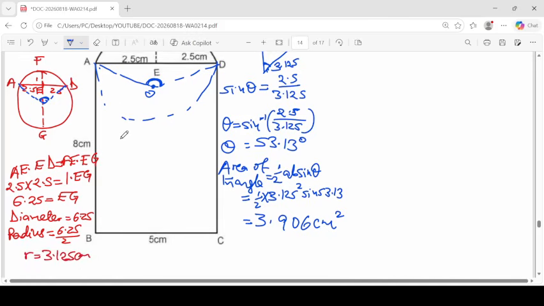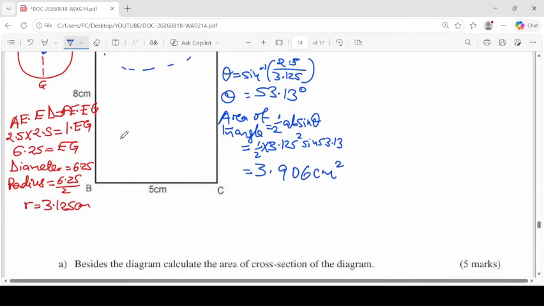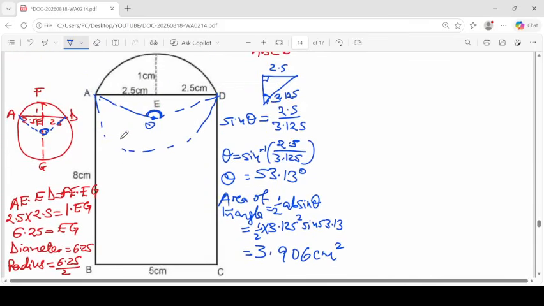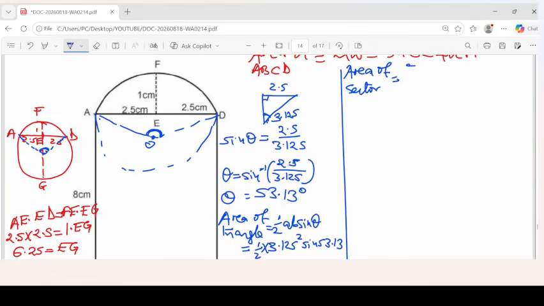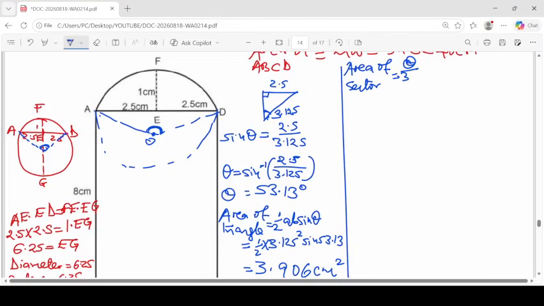After getting the area of this triangle, let's compute the area of the sector. The area of the sector is given by theta over 360 times pi r squared.